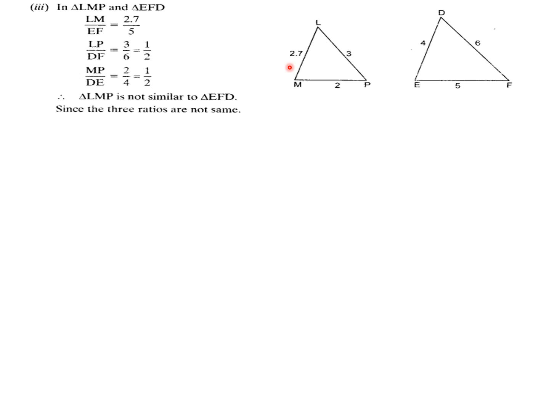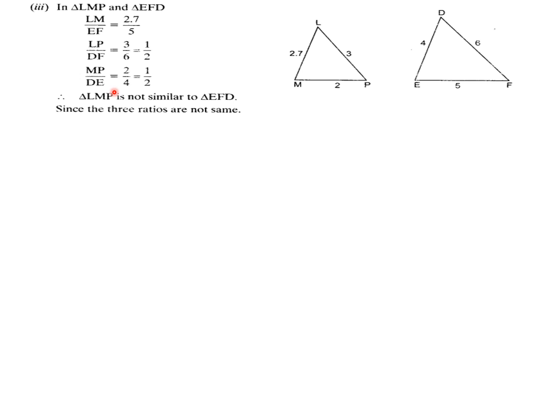So clearly from here we can understand that we will not get a ratio which is equal to the other two ratios. Still, let us write it down. LM by EF is equal to 2.7 by 5. So that is the ratio that we have got. Let us take the next ratio, LP by DF, that is equal to 3 by 6, and it is coming out to be half.